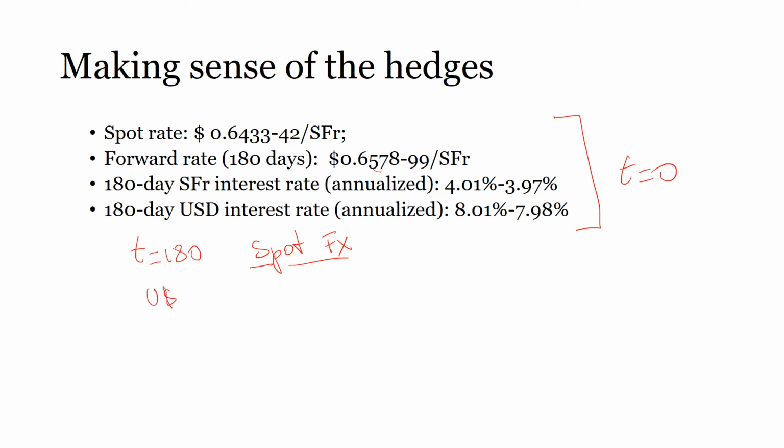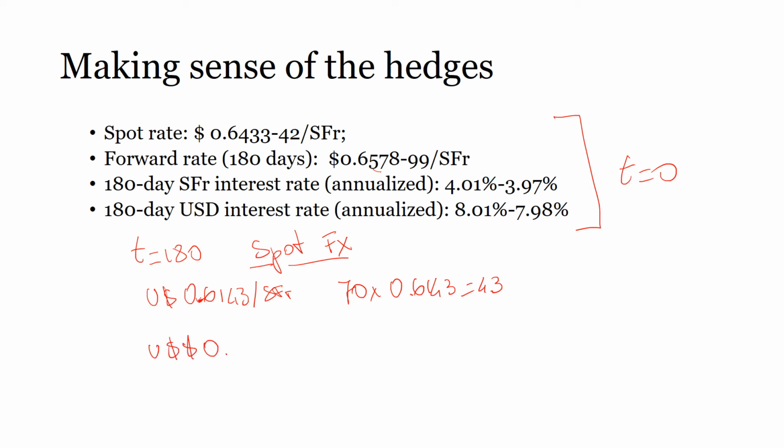But you can have, for example, this exchange rate. $1 Swiss franc is 0.6143 dollars, and in this case your 70 million Swiss francs become $43 million. So you have an appreciation of the dollar.